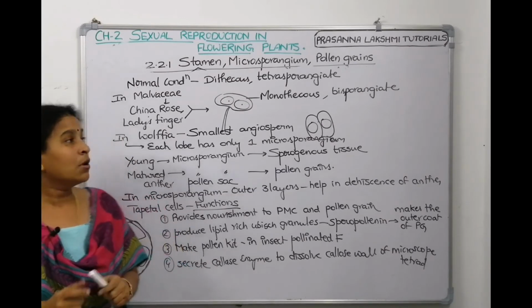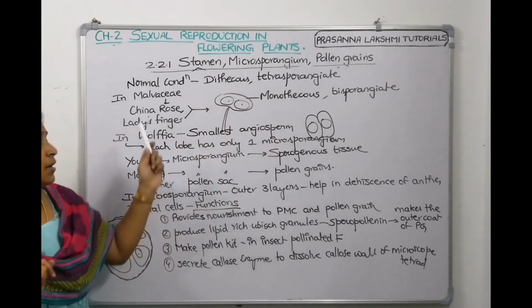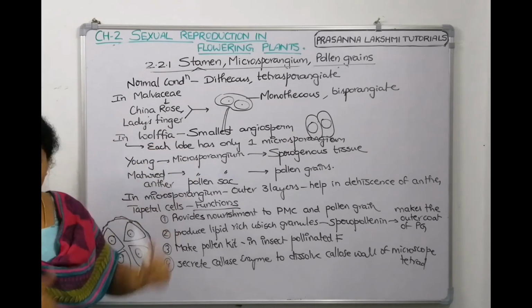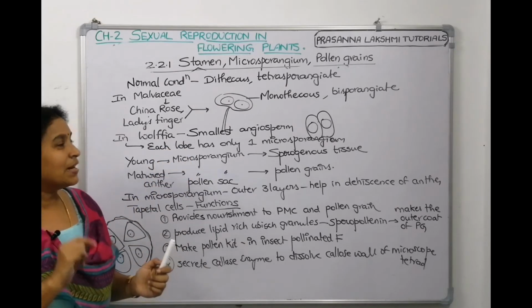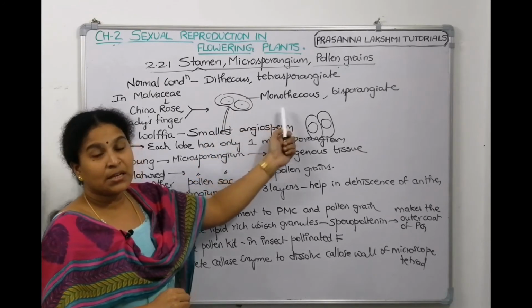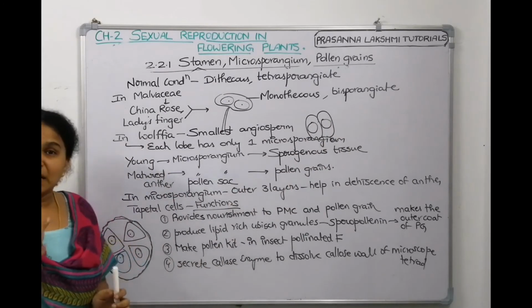So we call it the dithecous tetrasporangiate condition. But in the family Malvaceae, like China rose and lady's finger, only one lobe is there, monothecous, with 2 microsporangia, bisporangiate.